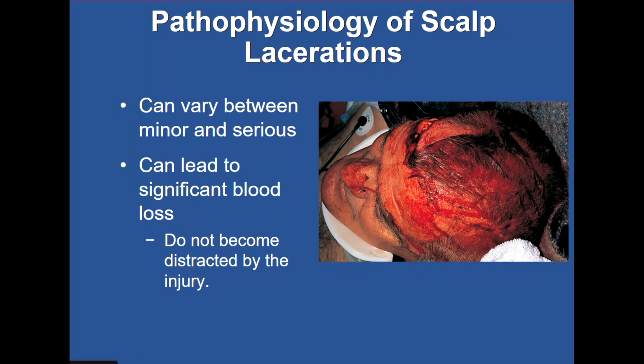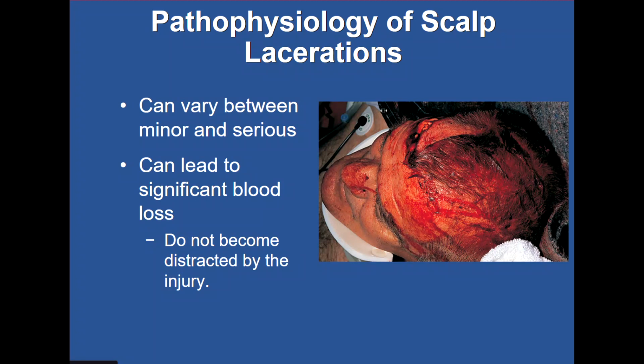Often people don't bleed out based on a scalp injury. So, if you have a person who is showing signs and symptoms of hypovolemia, best to look for other causes of that hypovolemia as well, because there's a chance that it's not just related to this scalp injury.